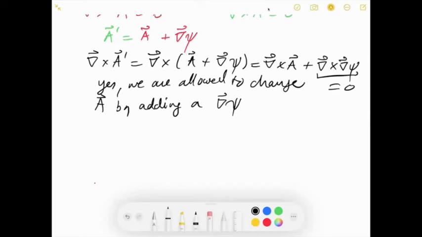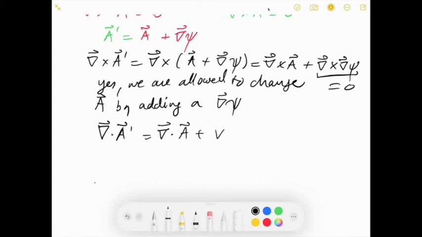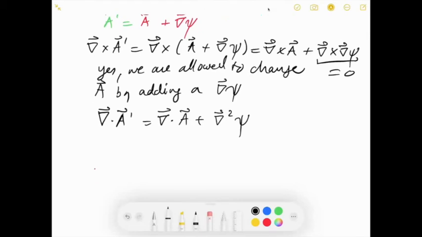So, for instance, if we have the divergence of A, and we do the divergence of A prime, then that divergence of A prime is the divergence of A plus the Laplacian of that psi, which means that we can make this divergence look like anything, and we have complete freedom in picking that.